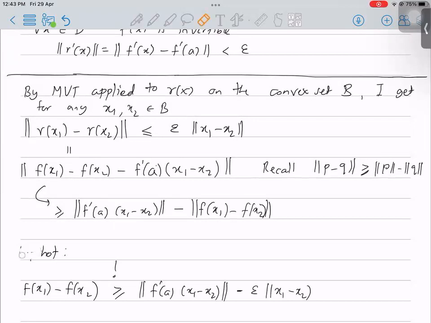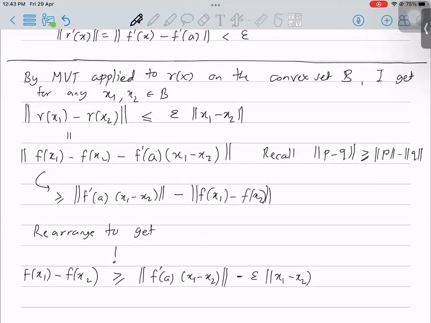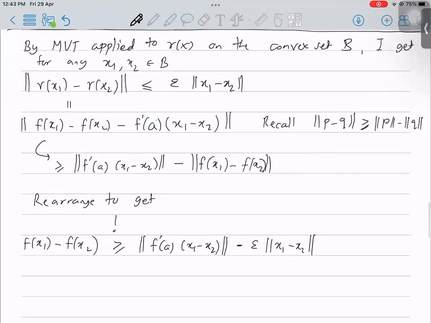So let me just say this up short, because you have to do a little bit of rearranging. The norm of x1 minus x2. Okay.